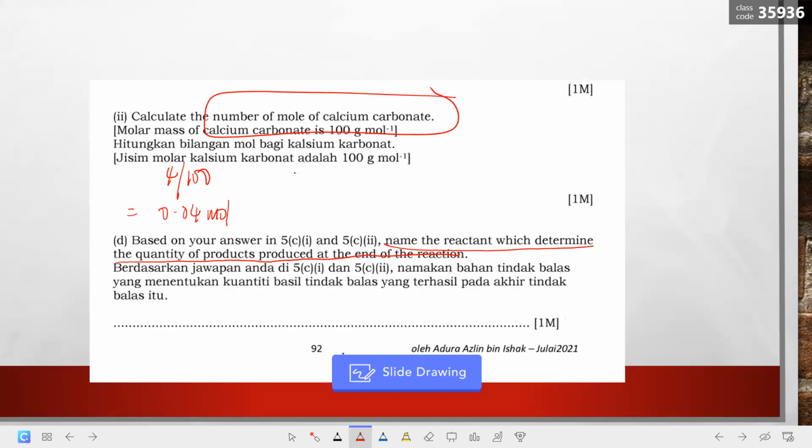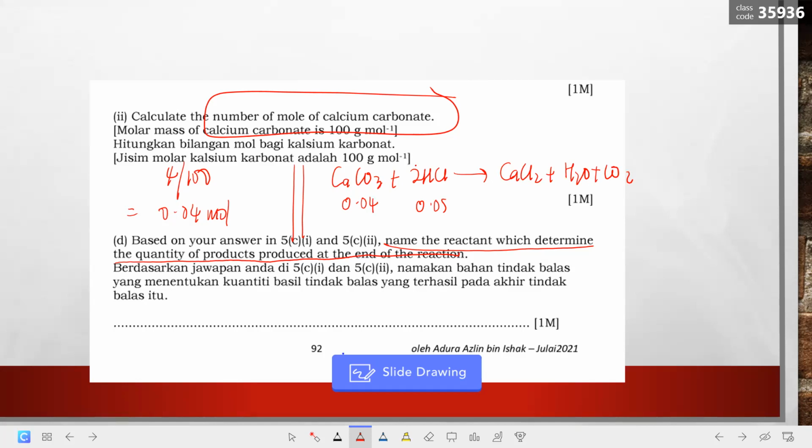However, I always tell you all to take the lowest number of moles. Look at what I'm doing. Calcium carbonate plus hydrochloric acid gives calcium chloride plus water plus carbon dioxide. Here I got 0.05 moles. Here I got 0.04 moles. You cannot compare number of moles when the ratio is not 1 to 1.